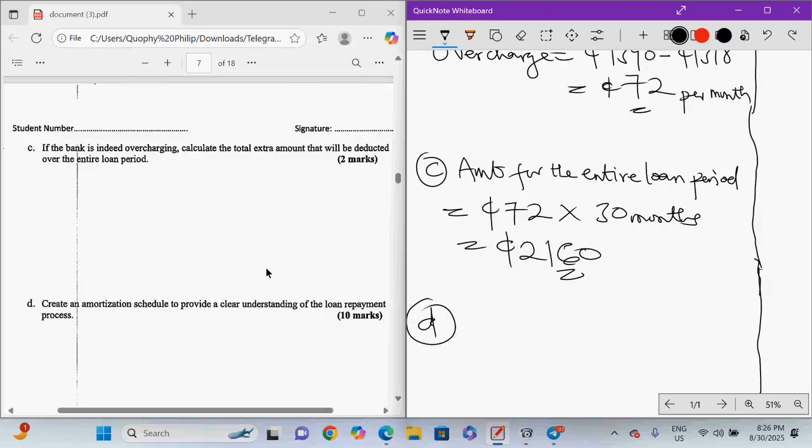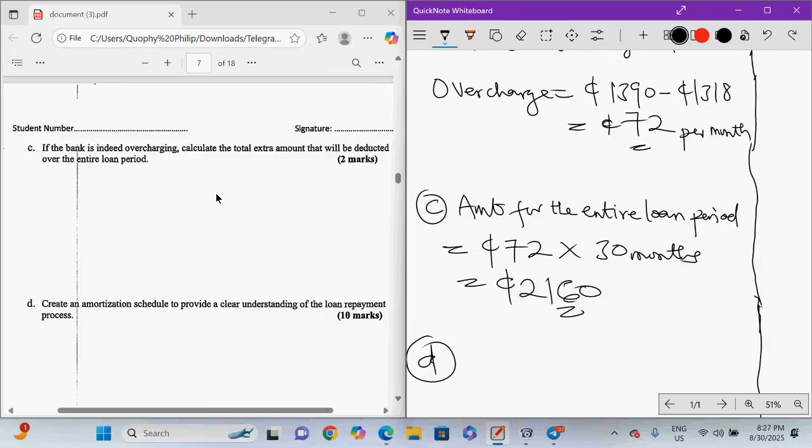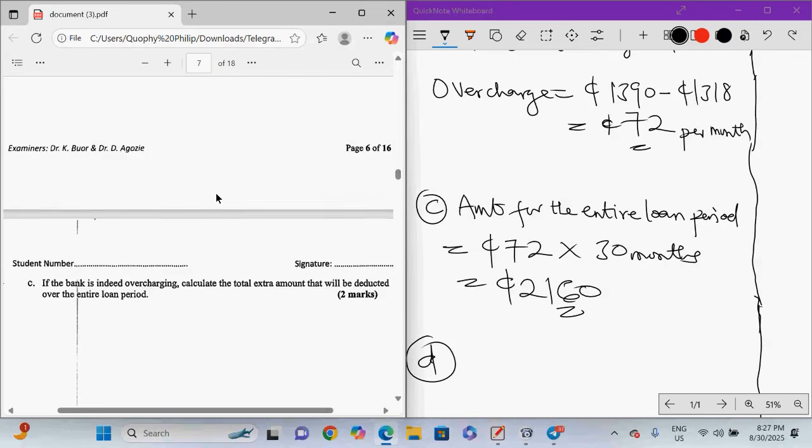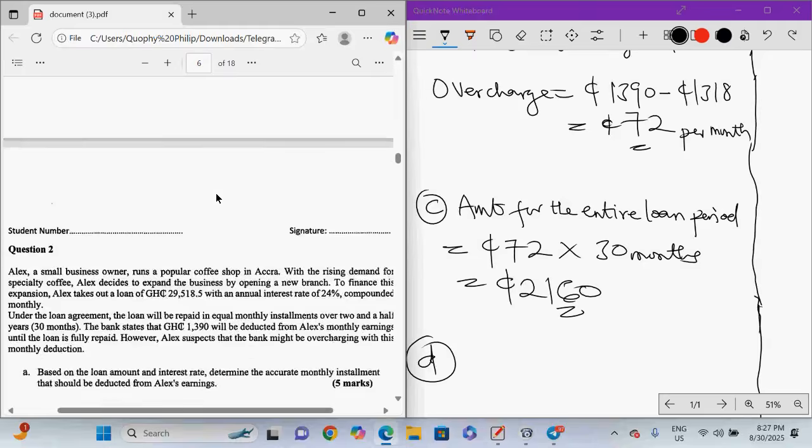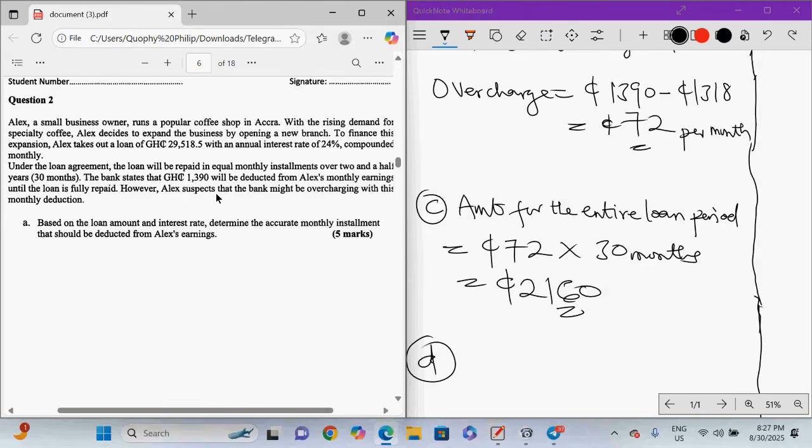D. Create an amortization schedule to provide a clear understanding of the loan repayment process. So we have to create an amortization schedule. We were given an interest rate of 24%, and this 24% was compounded monthly, right?